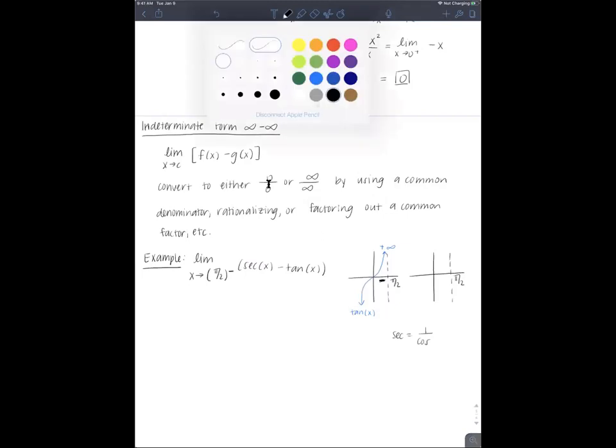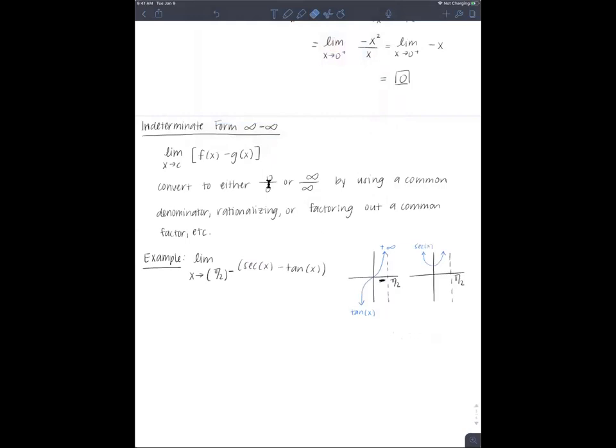On the negative side of pi over 2, that's when I have that graph. And so this is secant. What is happening to secant on the negative side of pi over 2? Yeah, it's also going to positive infinity.